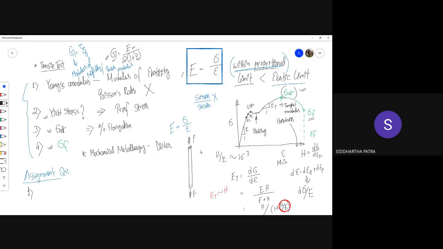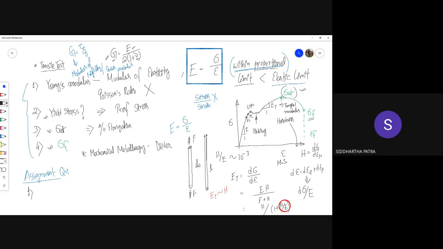Let's say it starts with an initial length of L0. After the test, the length of it will change. Of course, the shape of the geometry will also change, but I'm not going into that right away. But the length will definitely change.